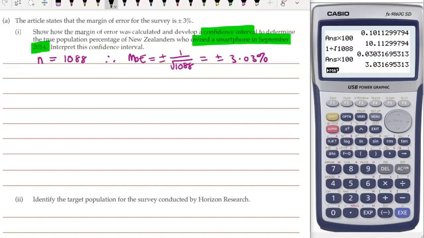So the proportion stated was 69%. So the confidence interval is going to be 69 plus or minus the 3%. So 69 minus 3 is going to give us 66%, and plus 3 is 72%. So that's where we can expect the true value to lie.